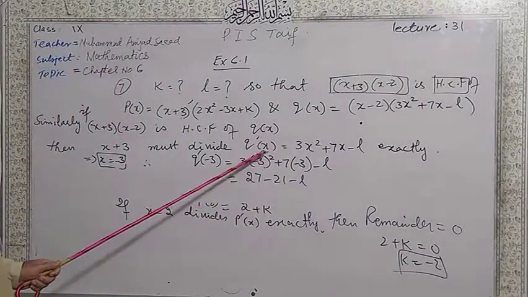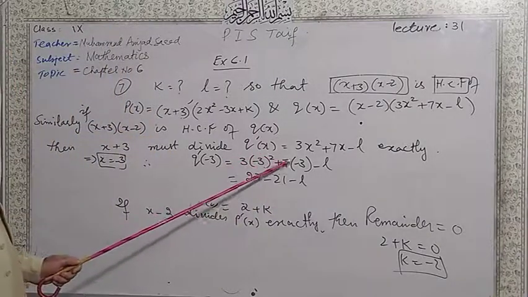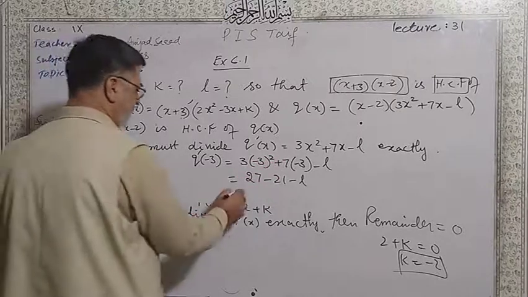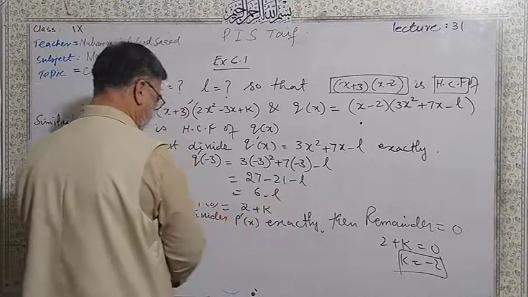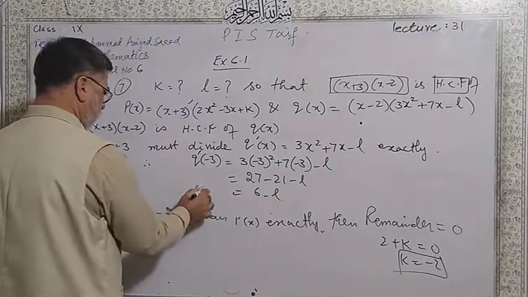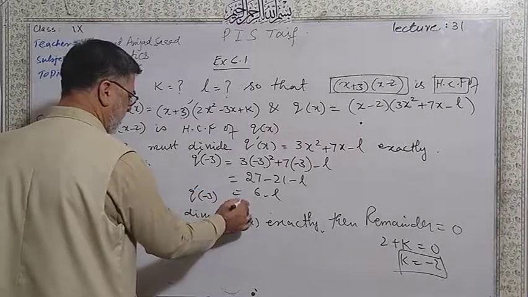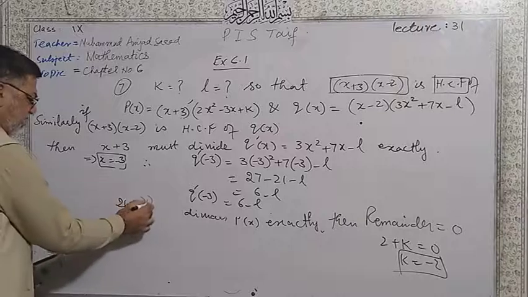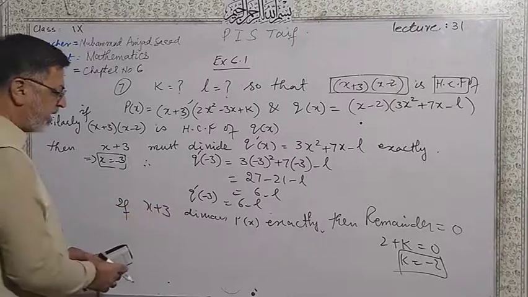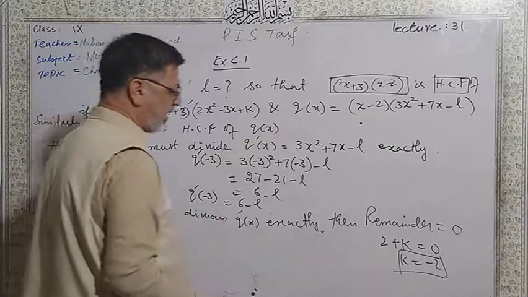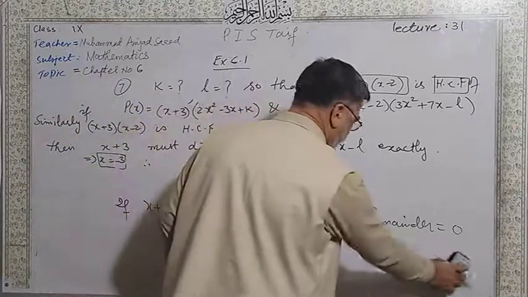Remember that minus 3 square is 9, 9 times 3 is 27. Plus 7 times minus 3 is minus 21. Here we have 6 minus l. So Q dash of minus 3 is 6 minus l. If x plus 3 divides Q dash of x exactly, then the remainder must be equal to 0.